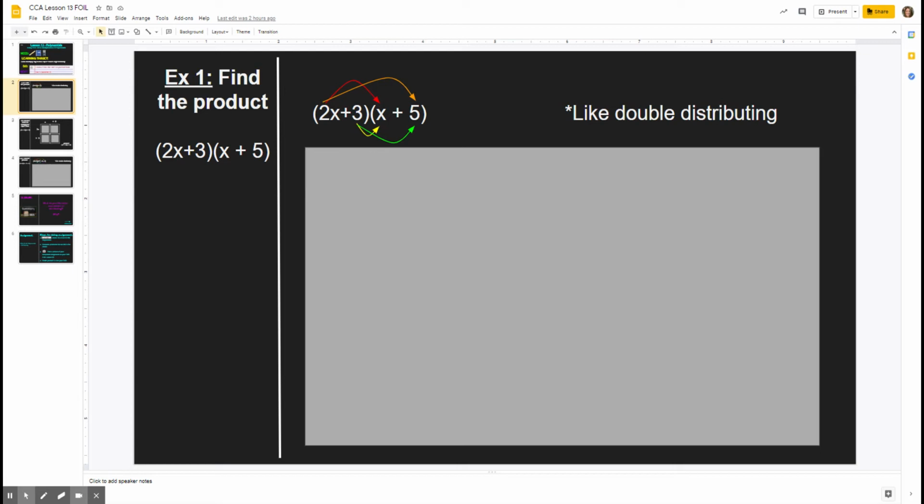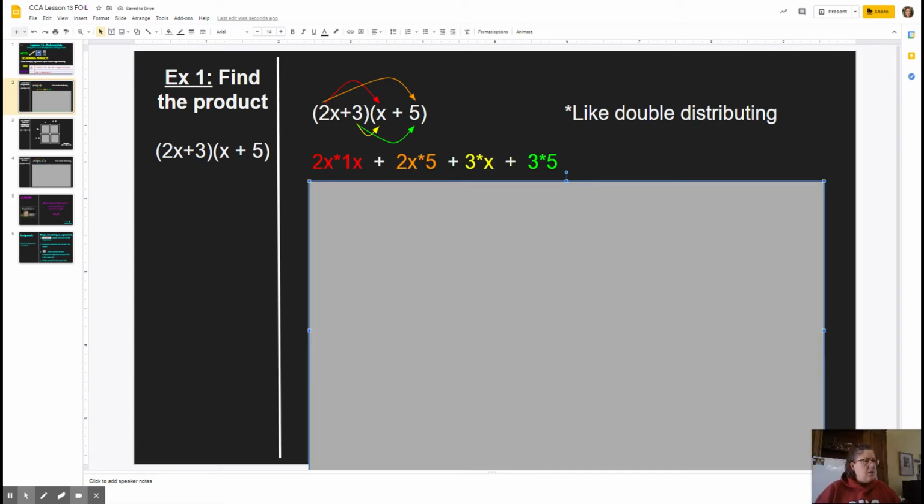All right, so it is like double distributing, as you see my note here. Again, the first thing we're going to do is multiply the first terms of the parentheses, 2x times x, and then we're going to do 2x times 5, and then you'll see the yellow arrows and the green arrows as well.